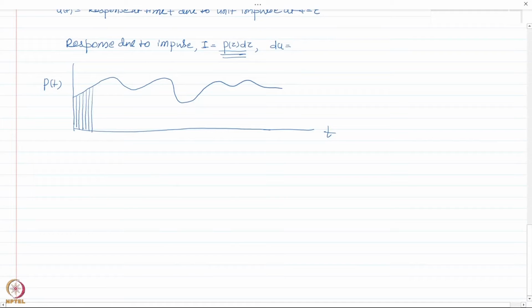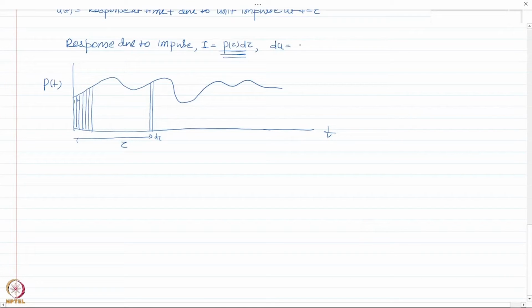Let us say this is at any time tau, and this is the time d tau, and then like this is 1, 2, 3 and so on. We want to find out for each of these strips what the response is, so that I can directly find it by multiplying with this function.